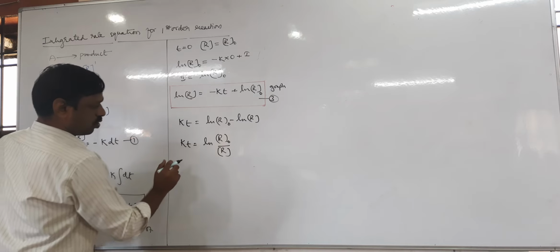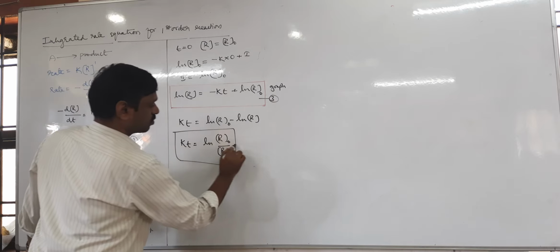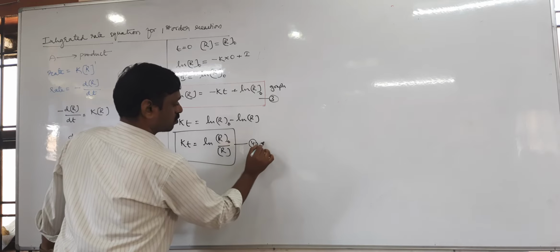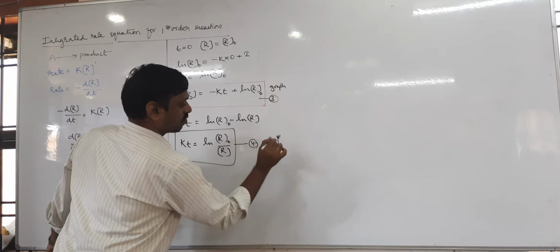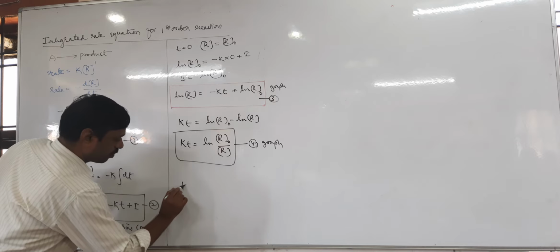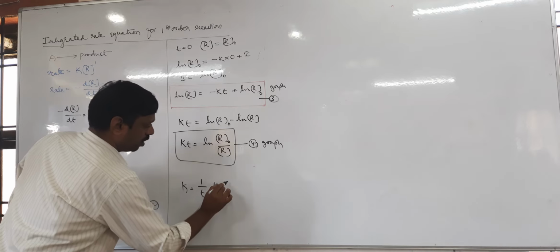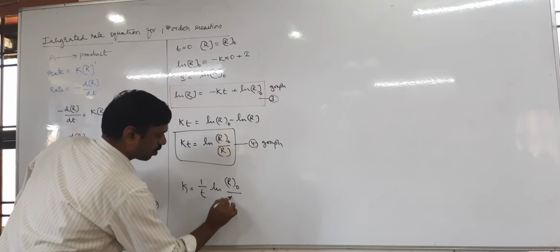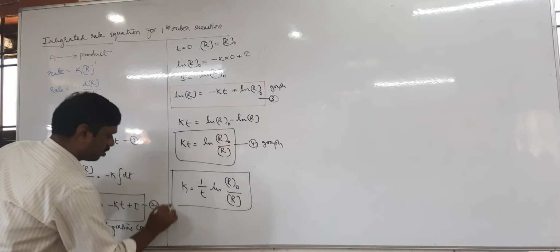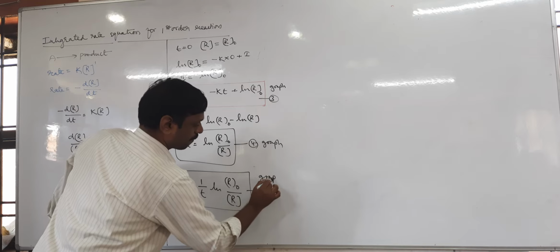So this is also one more important equation for graph. Okay, then we want k value, k equal to 1 by t ln R naught by R. It is another equation important for a graph.